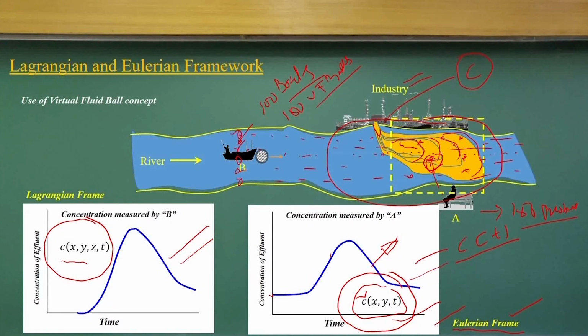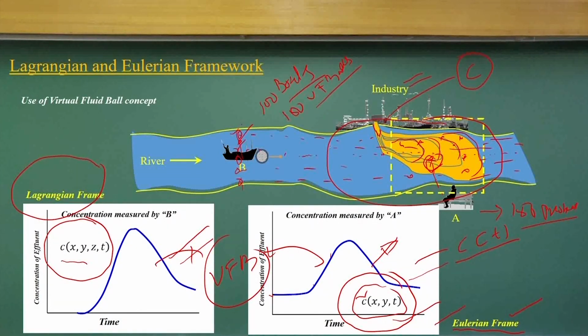But now it is possible because you have computational facilities, you can track it and visualize the fluid flow. That is the reason I have introduced the virtual fluid balls, which are just intermediate. Think of thousands of balls moving here.